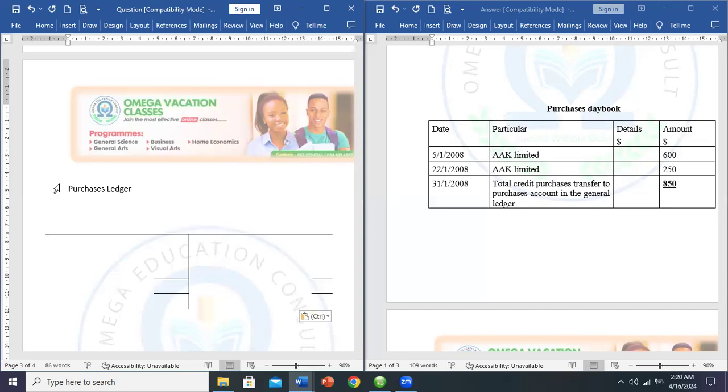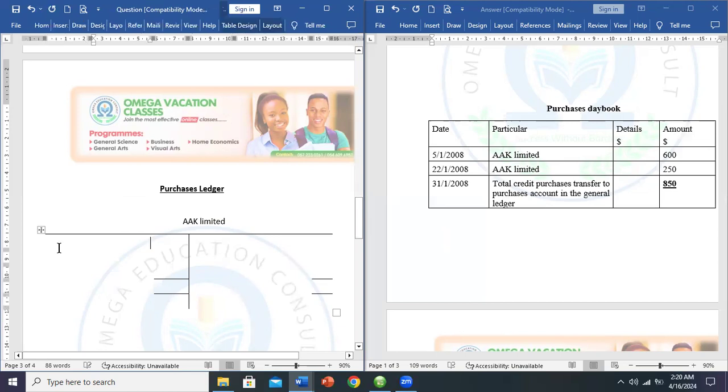So only one creditor there, AAK Limited. And I'm going to debit AAK, but here on 2 different occasions, right? So it's important you deal with them separately.